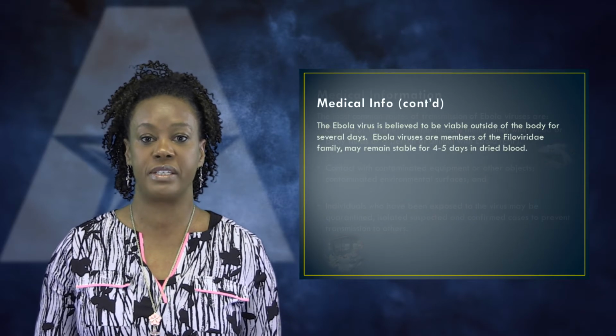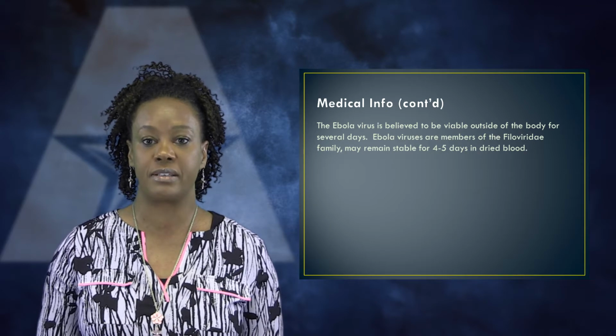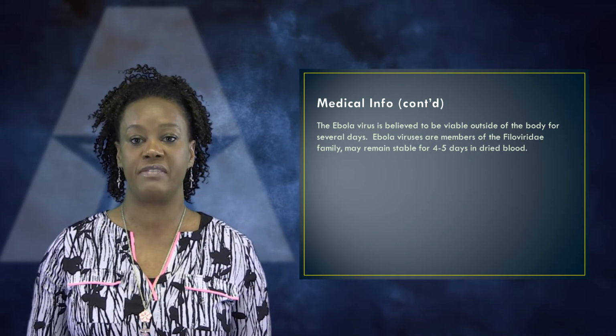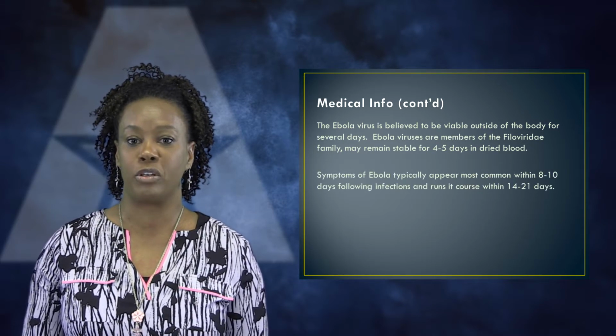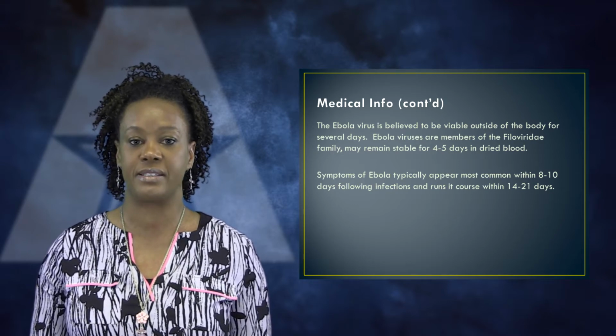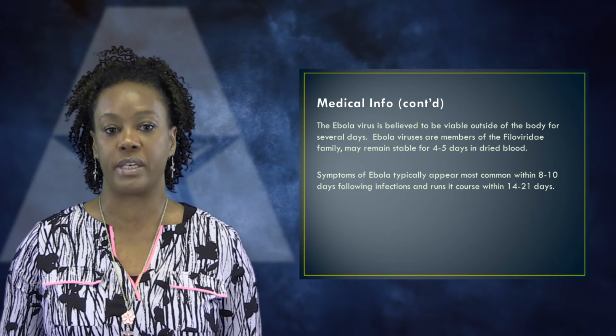The Ebola virus is believed to be viable outside of the body for several days. It can remain stable for 4 to 5 days in dried blood. Symptoms of the Ebola virus typically appear within 8 to 10 days following infection, and it runs its course for 14 to 21 days.